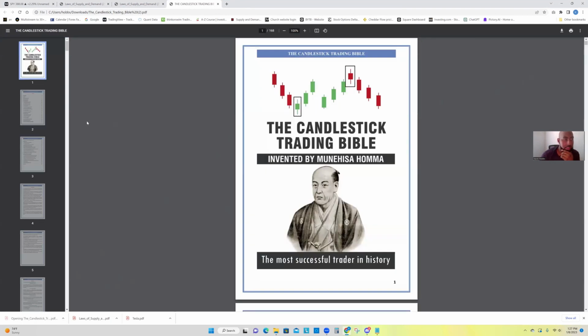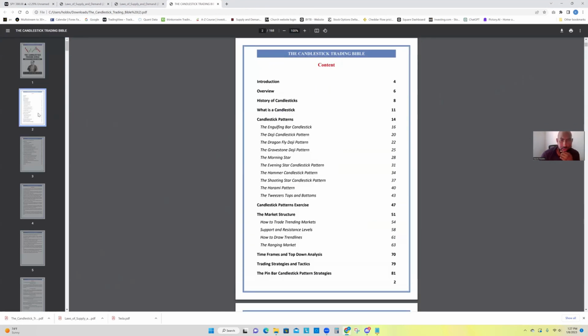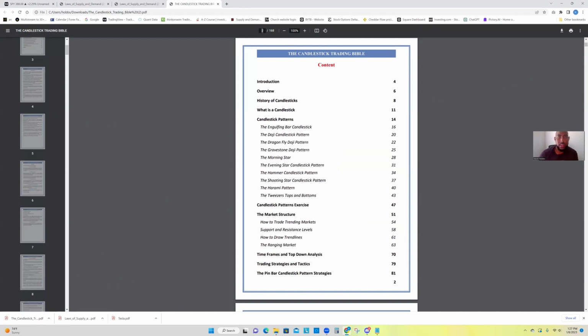Morning star, evening star, page 31. All right, let's go there.